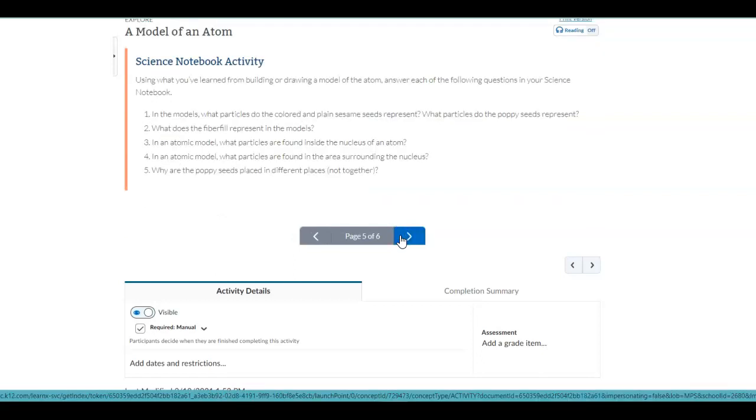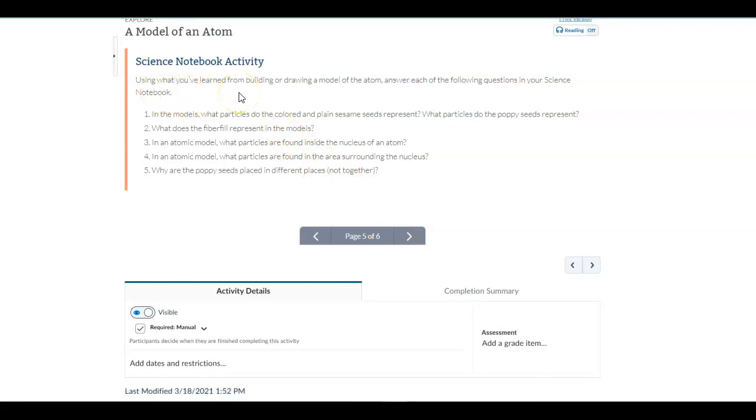So here's the notebook activity. You'll need to include a picture of the atom model. And then using what you've learned from there, we want to answer these questions. So let's look back and look at the guiding question number 2, which says, what does the structure of an atom look like?